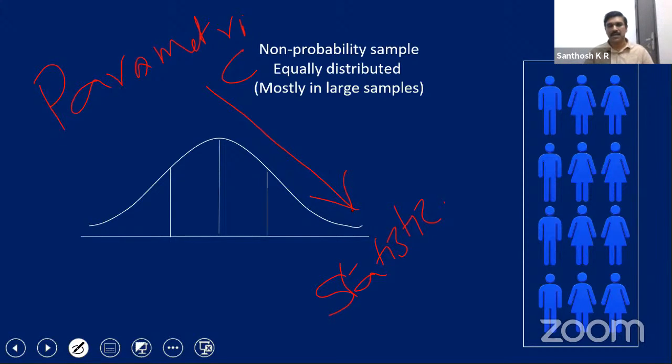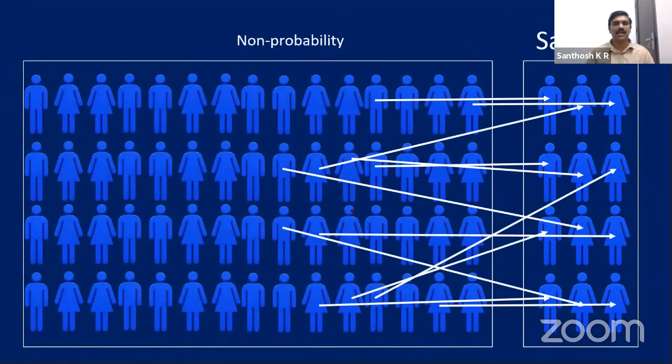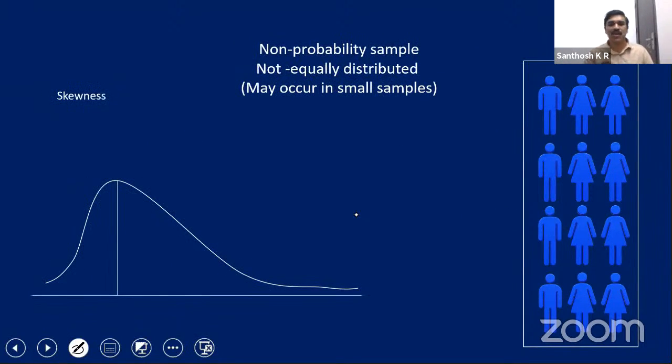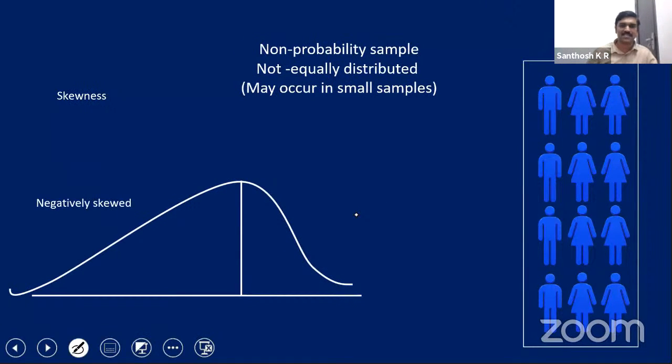At the same time, if we are doing a calculation in a data which is not representative of the population, we will call it non-parametric statistics. So there are two different types of statistics: parametric statistics and non-parametric statistics.